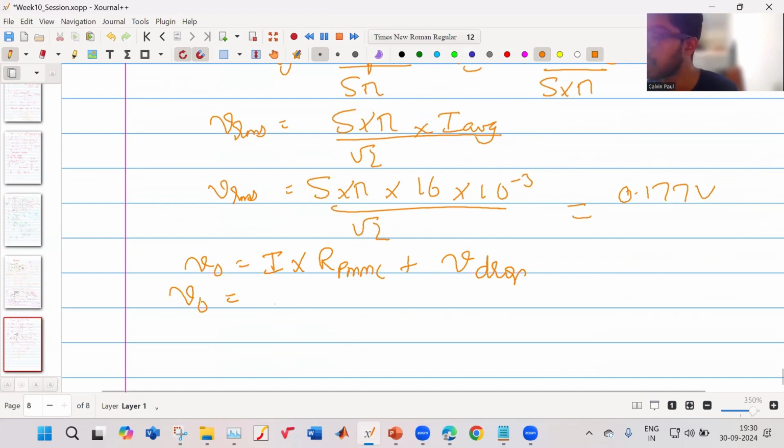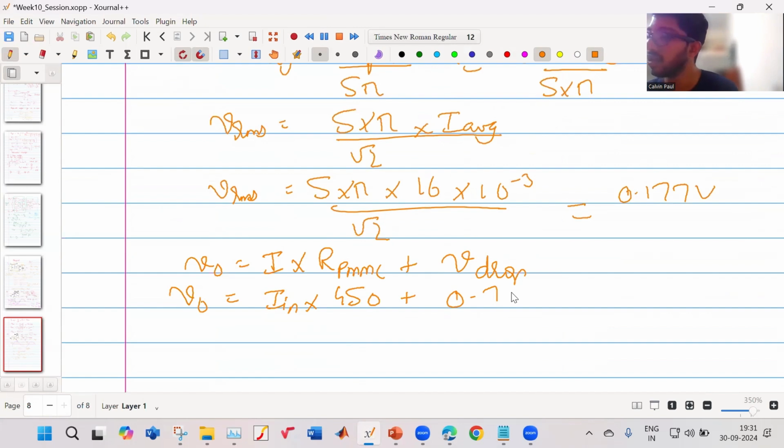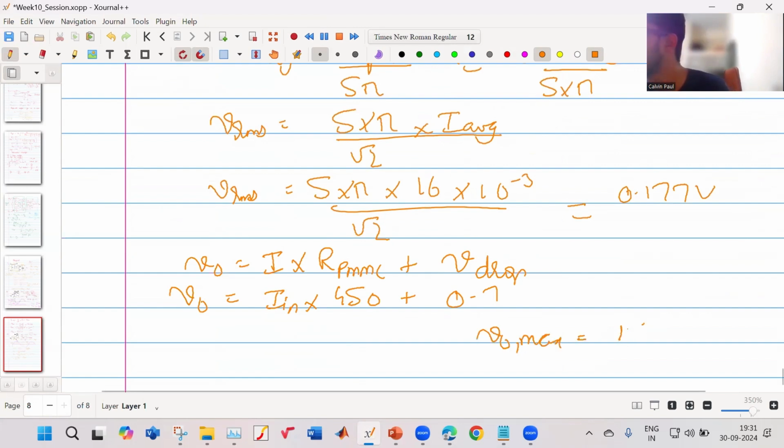So your V output is equal to I in into R PMMC, which is 450, plus the drop across the diode, which is 0.7 volt. Your V output maximum can be 15 volt. It cannot go more than that.